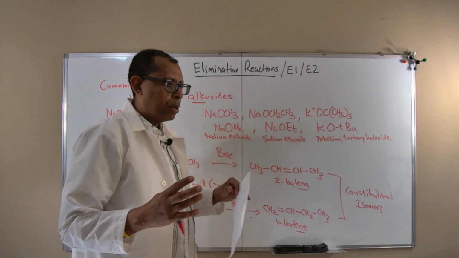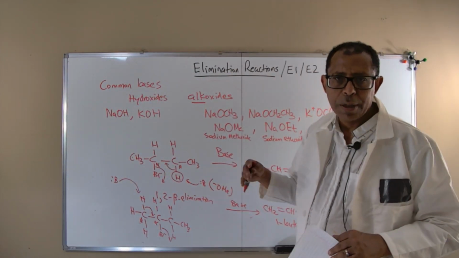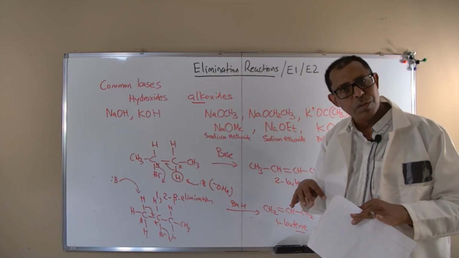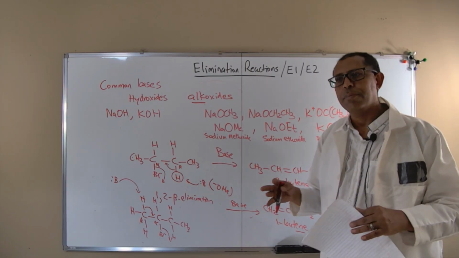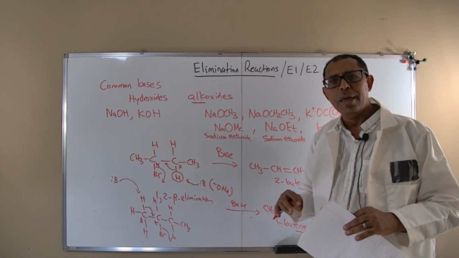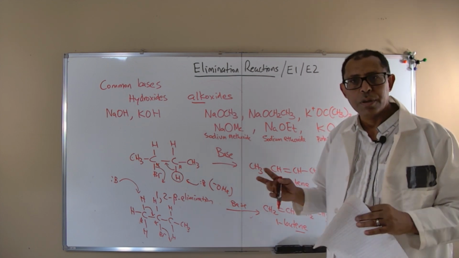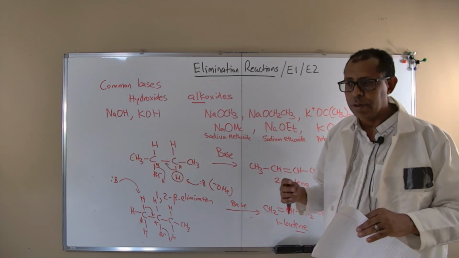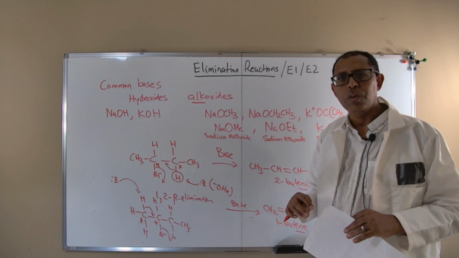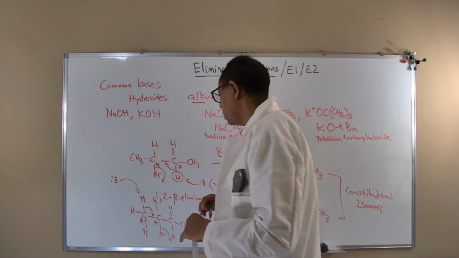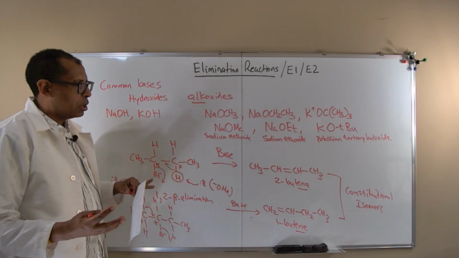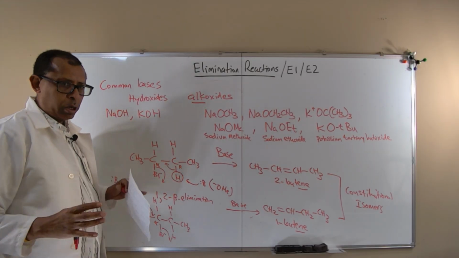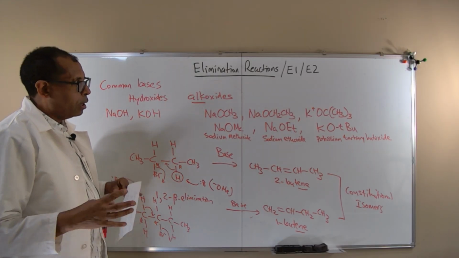So the presence of two beta carbon possibilities gives you two products, even sometimes 3 or 4, based on how many different beta hydrogens you would have. So that is one thing you need to remember in the elimination reaction. This is just an introductory part of the elimination reaction.